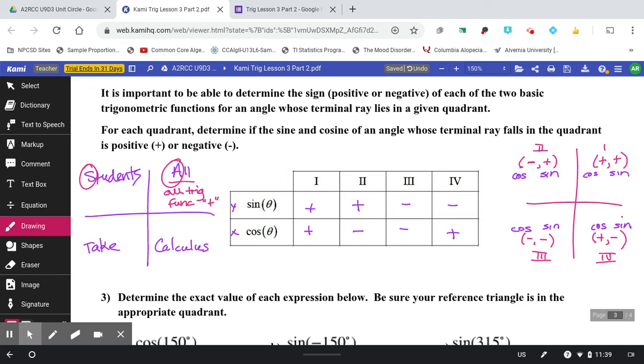The S stands for the sine and the reciprocal, which we're going to learn about next class, are positive. Those are the only ones that are positive in the second quadrant. In the third quadrant, the tangent and its reciprocal are positive, and those are the only positives there.